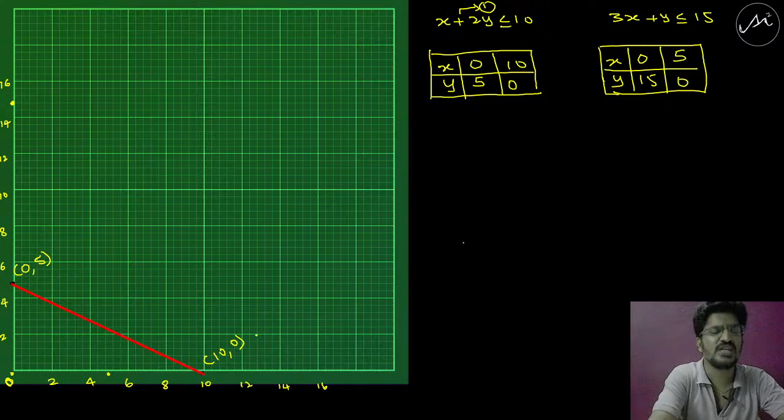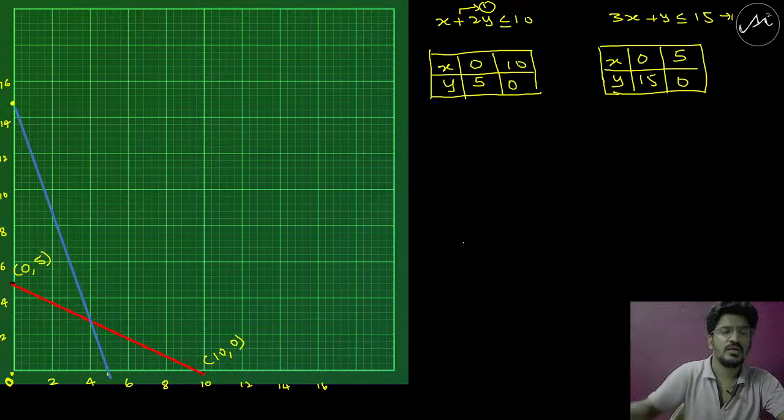For the second equation, your line is going to be from, if x is 0, y is 15, and if x is 5, y is 0.